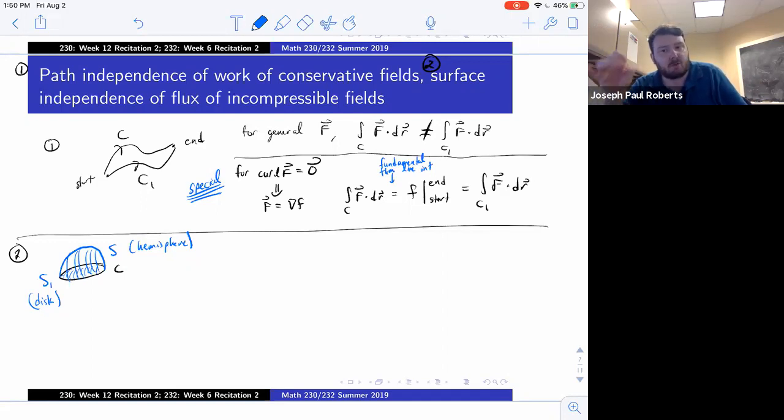So before you blow the bubble, the soap might be just sort of stuck flat on your wand, right? You dip your wand in soap and there you go. But then let's say you start to move your hand, then the soap sort of forms a hemisphere-like shape. It's still stuck on the wand, it hasn't detached yet, but that's the idea: you want to think of these surfaces S as being any way that you could have soap stuck on a bubble wand, C.